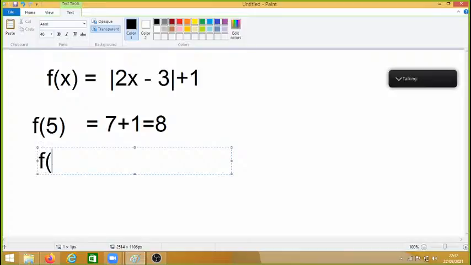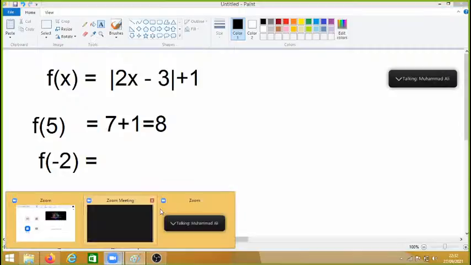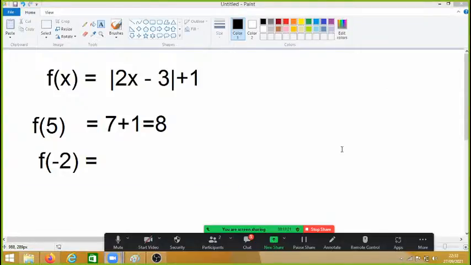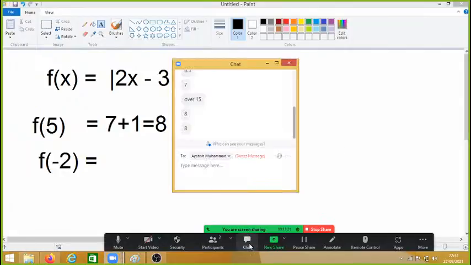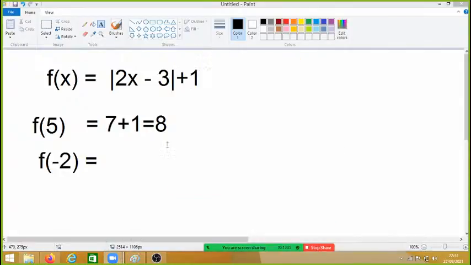f of minus 2. See if you can do the substitution. And as soon as you've got an answer, type it into the chat window. Okay, very good.